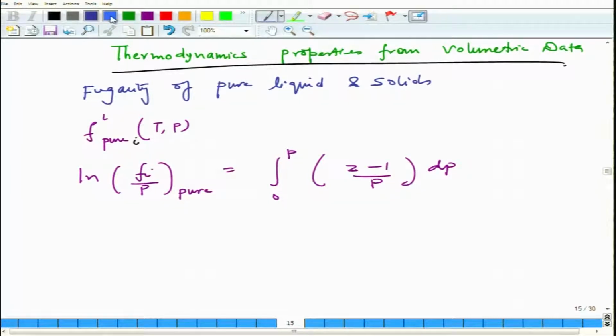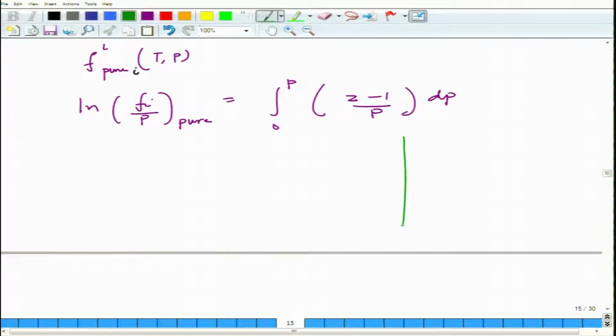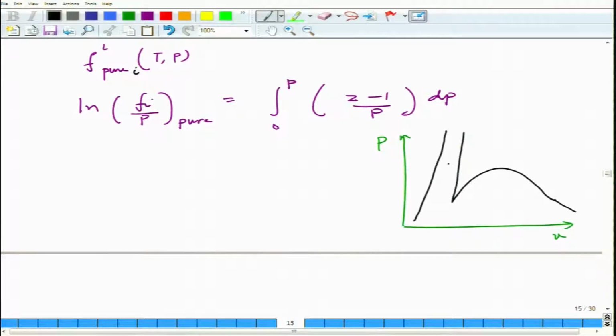So, let me first draw a generic phase diagram here. This is the pressure P against molar volume. This is the typical two-phase region, and this is basically the liquid-vapor region.